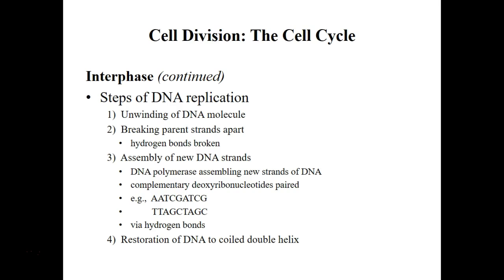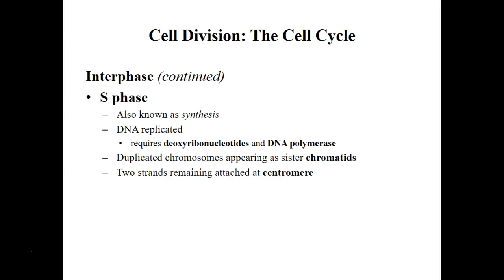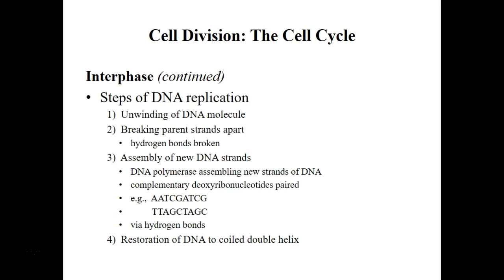DNA replication is how we produce the new sister chromatids, okay? So replication in a nutshell, DNA unwinds, unzips, DNA polymerase binds to the DNA, and we produce a complement to the parent strands.